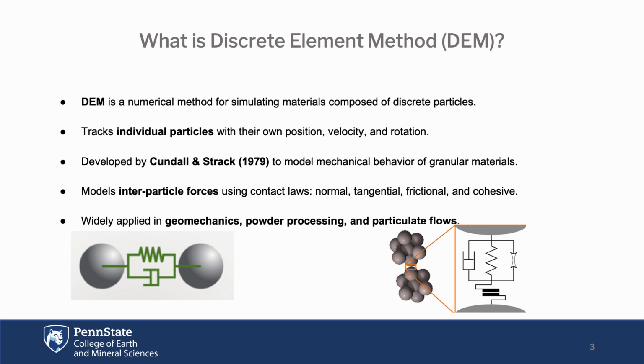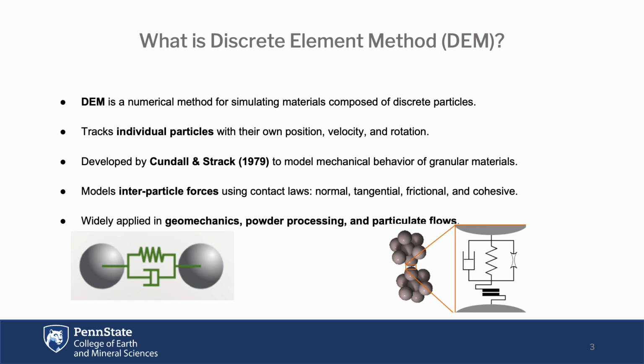The image shown is a group of spherical particles representing a material like soil or powder. We have zoomed into the interaction between two particles to illustrate the contact force model. This mechanical analog, consisting of springs, dampers, and sliders, represents the physics of normal and tangential interactions.